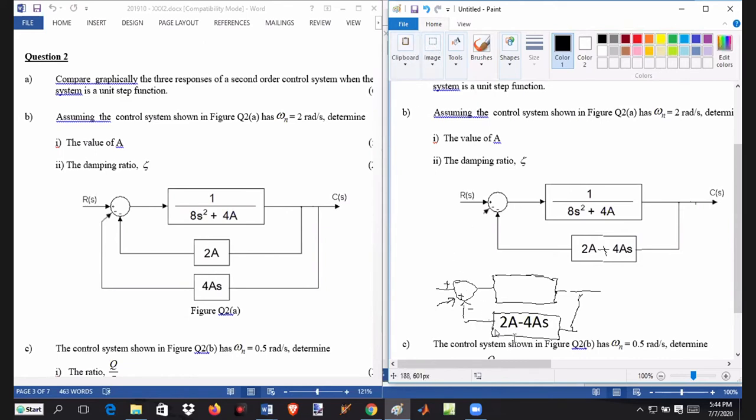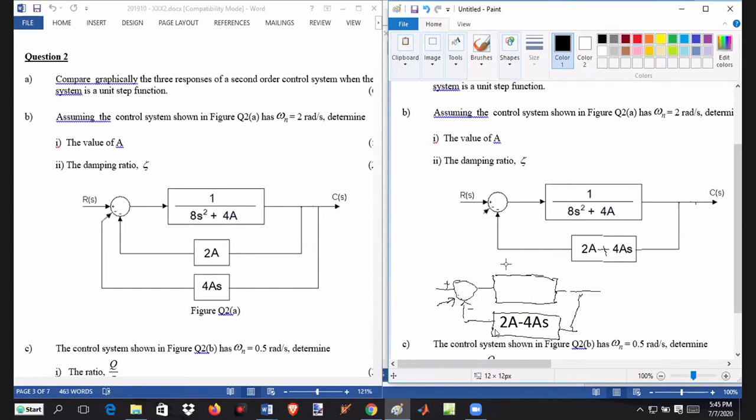Actually, you no need to redraw a diagram. Yeah, better change it. You want, you can, like what you do in the lab. The lab also does like that.